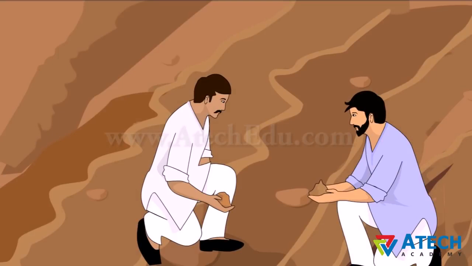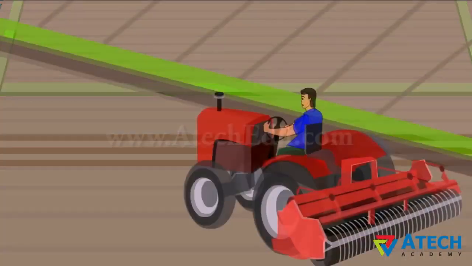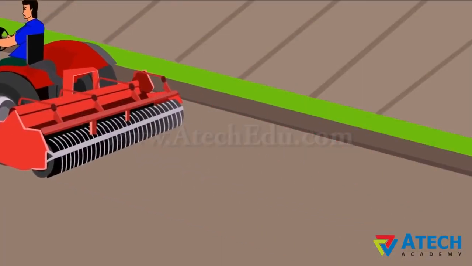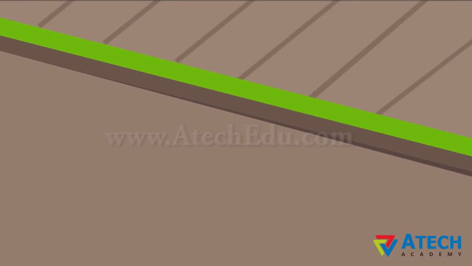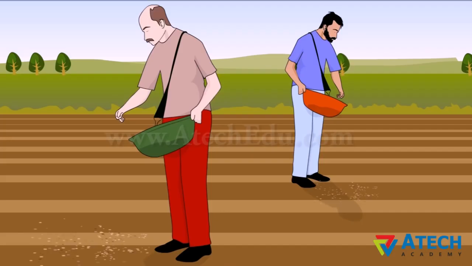Next step is to level the soil using a leveler. The soil is watered before sowing. Sometimes manure is spread before tilling or ploughing. When the manure is spread before tilling, the manure mixes with the soil and thus nourishes the soil.